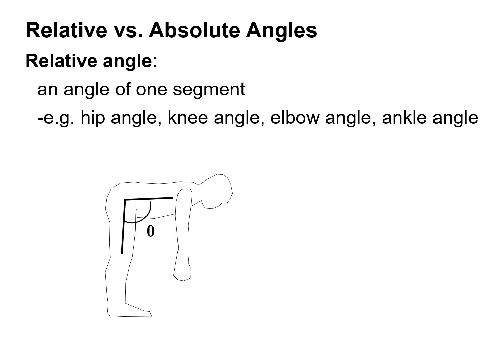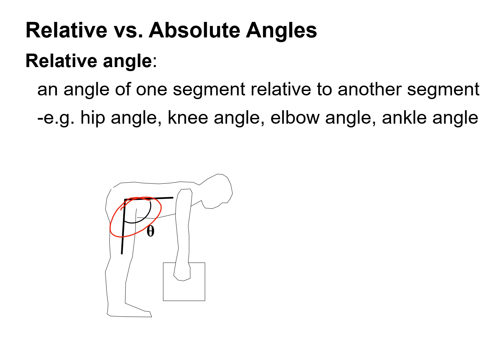So when we're looking at angular kinematics, we have to make a distinction between relative and absolute angles. A relative angle is an angle of one segment relative to another. So in this picture here, we are looking at the angle of our trunk to our thighs, okay? And we use this for our hip angles, knee angles, elbow angles, ankle angles, shoulder angles.